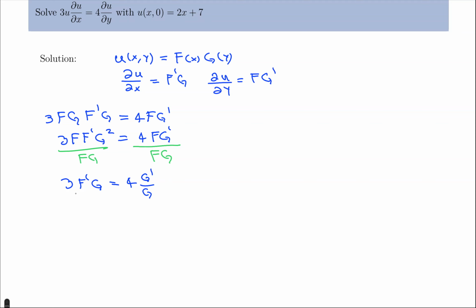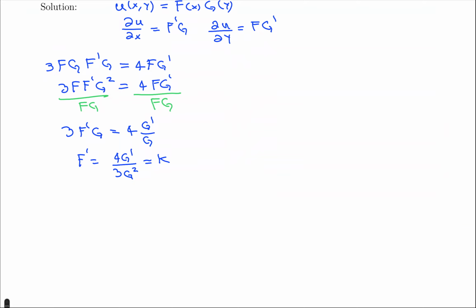So dividing both sides by 3g, that's going to leave us with f prime equals 4 g prime divided by 3 g times g, that's g squared. At this point, we have the equation separated, and let that be equal to k.